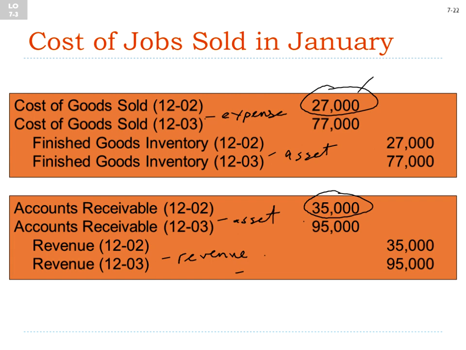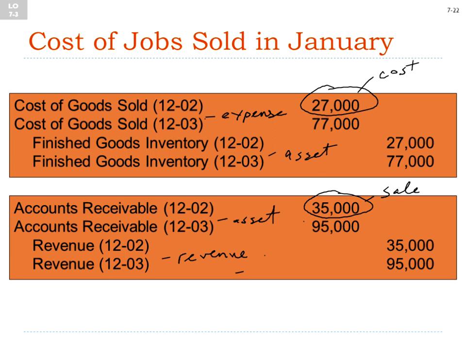This is telling us that our cost was $27,000, and then our sale was $35,000. So we sold it for $35,000, but it cost us $27,000 to manufacture. So of course we're going to sell for higher than what we spent, or try to at least. So we're going to have a little bit of a profit there.